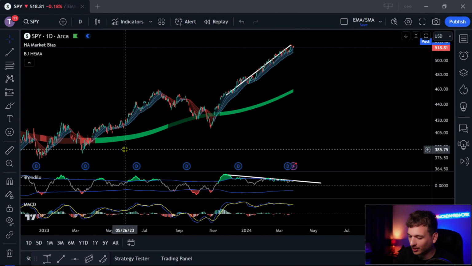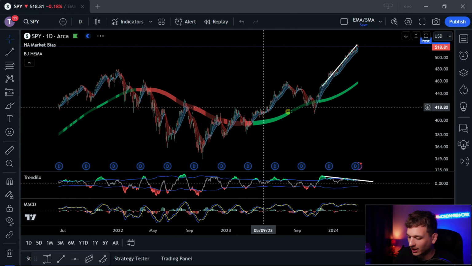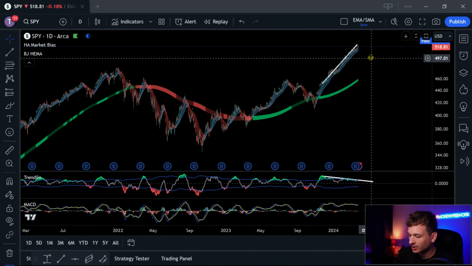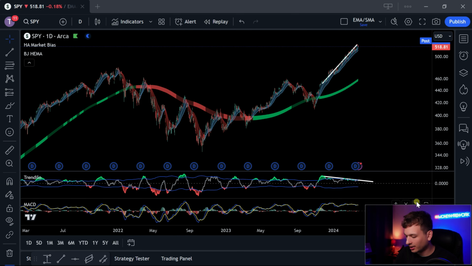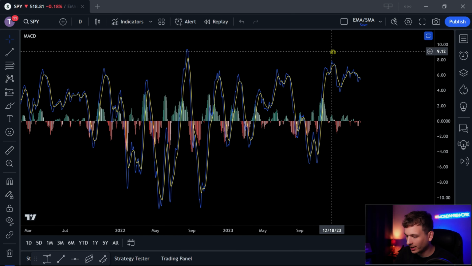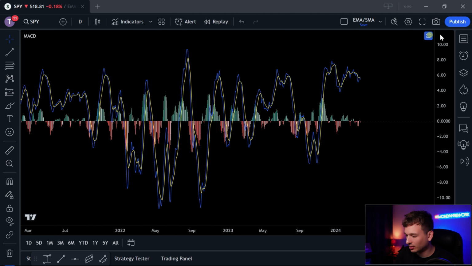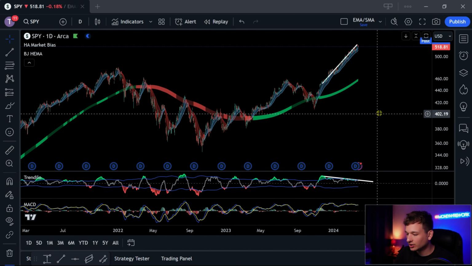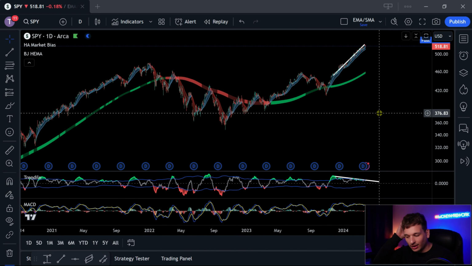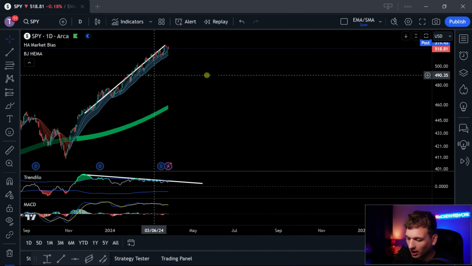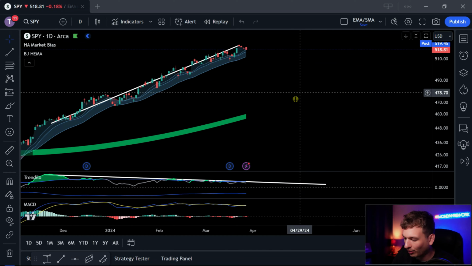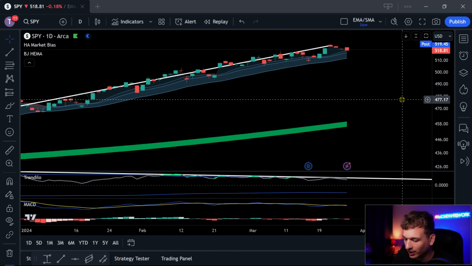We're still above the HA market bias indicator, and it is green, signaling that we still have a bullish continuation to the upside. The MACD, pull that up, you can kind of see that same bullish divergence right there, right? So we're not going to go to anything less than the daily in this video. You see 3 straight days if we zero in here.